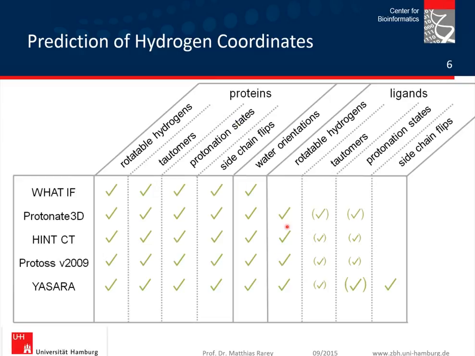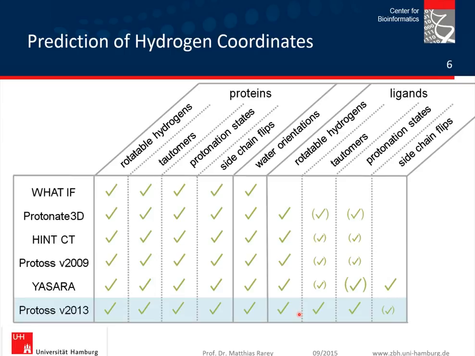So some of the tools started to consider, for example, tautomeric forms and protonation states, and these checks here are all in parentheses, mostly because these tools have more or less collections of fixed tautomeric forms which could be replaced in the structure. Okay, so we tried to do this more exhaustively, and this resulted in the Protoss tool in the current version, 2013.